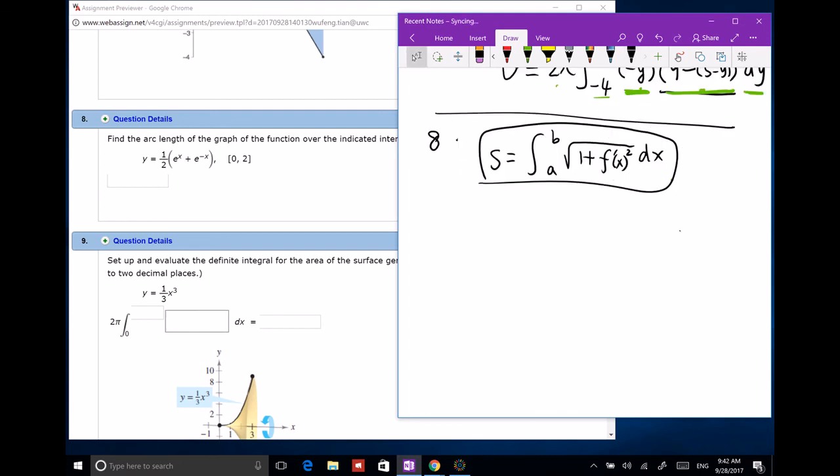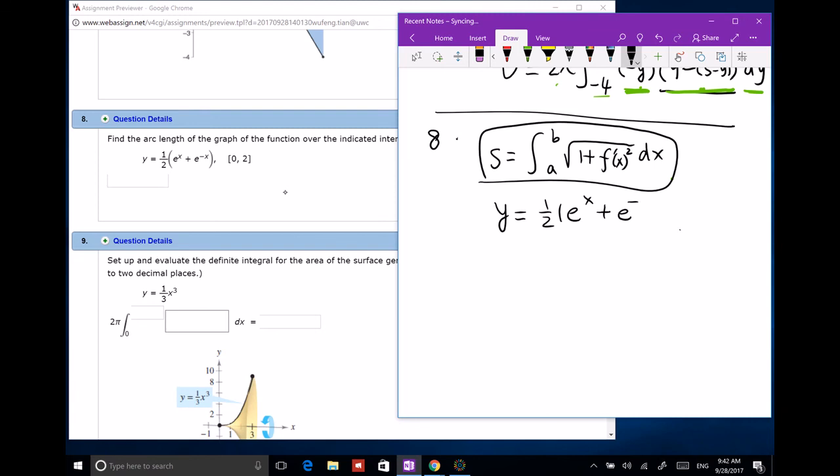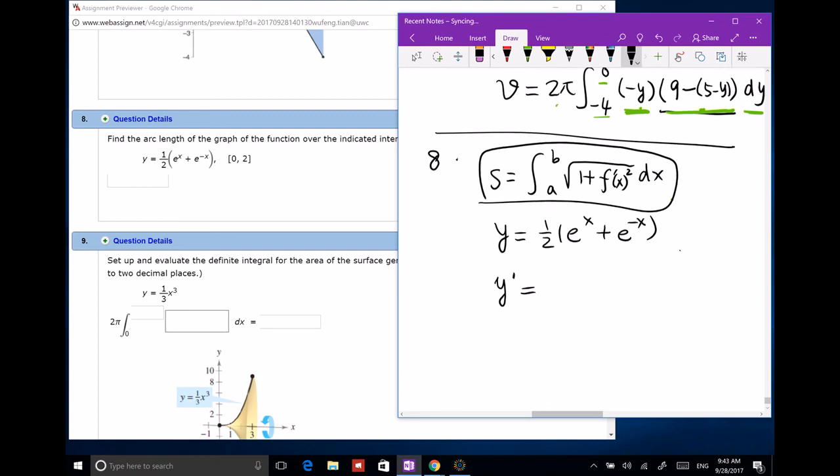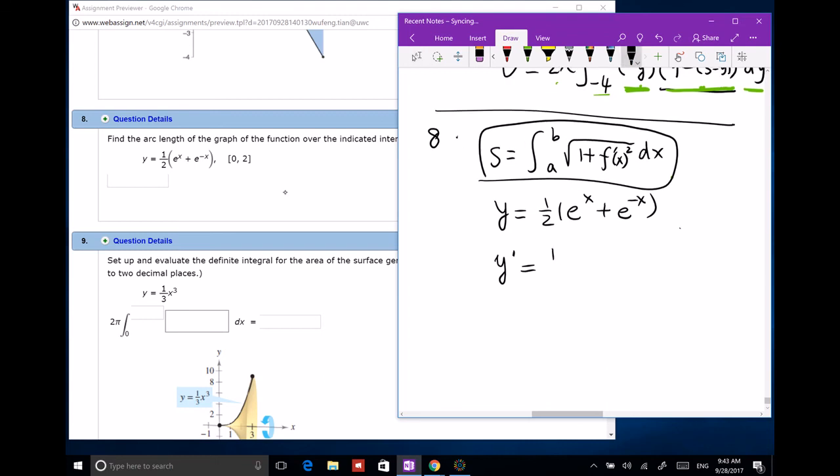Alright, so now, here we have y equals 1/2 times e to x plus e to negative x. So we take the derivative, y prime equals, since we only have very short time, I want to go fast, I'm not going to ask questions, okay? 1/2, the derivative of e to the power x is e to the power x.